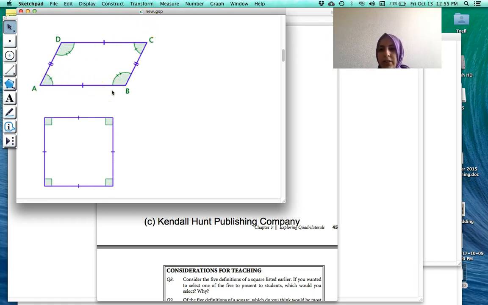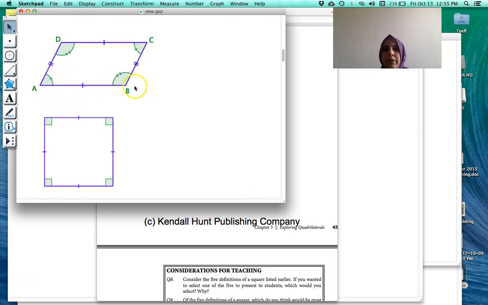And especially if the degree of angle A is congruent to the degree of angle B, I could say the total sum of these angles must be 180.